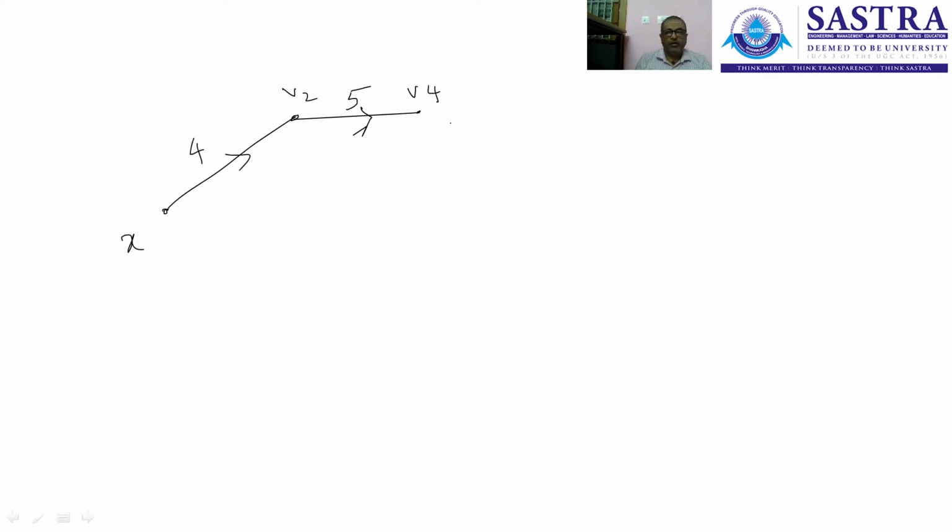And for this V5, call this as V5, the capacity would be 2. Okay, similarly here V1, capacity is 3, and for V3 the capacity is 8.